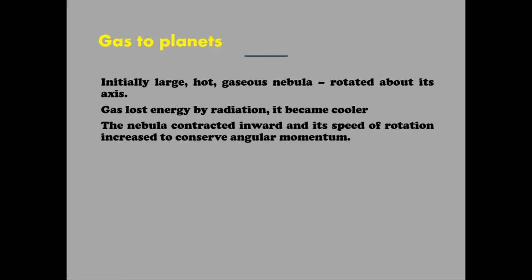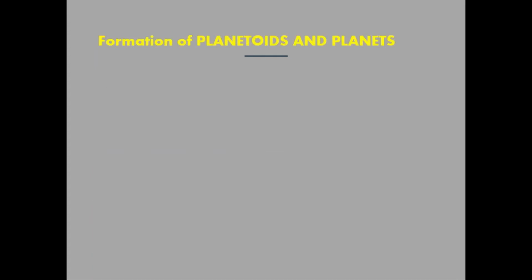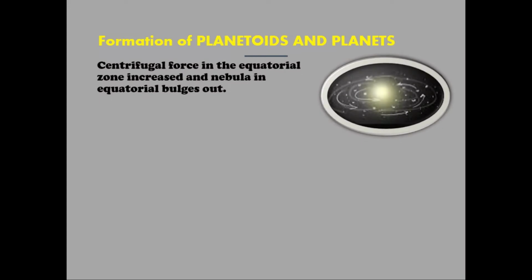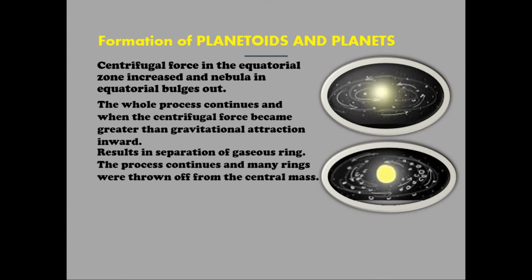The centrifugal force in the equatorial zone increased and the nebula in the equatorial zone bulged out. The whole process continues till centrifugal force becomes greater than the gravitational force. As a result, the gaseous ring separated into many.